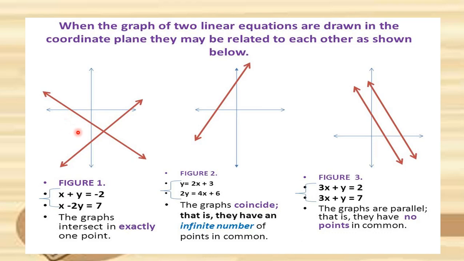So in this way we have seen how to draw the graph for the linear equation in two variables in class 10th. When two equations are given in two variables, in the same graph we have to draw the two equation lines, and we will talk about the intersection point of the two equation lines.